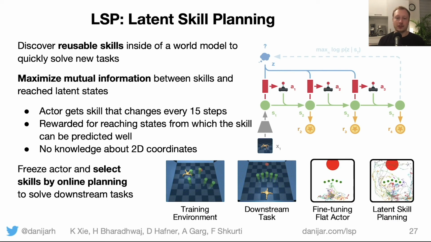Fine-tuning an actor trained on the training environment without any skills is hopeless in this case, because it doesn't explore at a temporally abstract enough level to get around the wall, whereas LSP has an easy time reusing its motion primitives to find the reward.